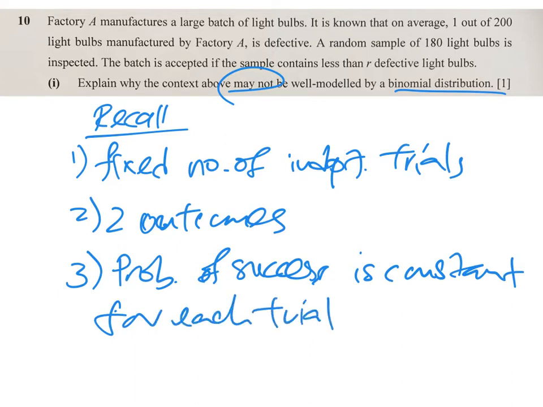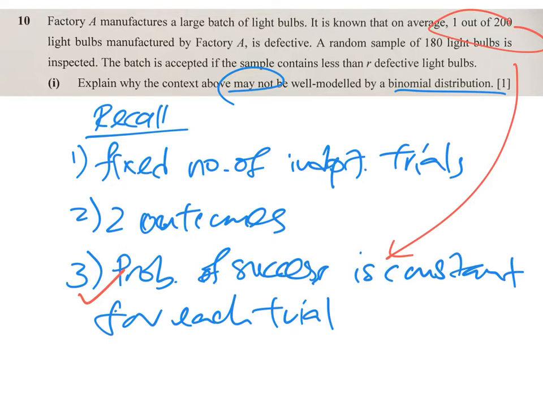Among this set of conditions, let us see which conditions are actually given by the question. Looking at the question, we are given the probability of success, in this case a light bulb being defective, as 1 out of 200. So the probability of success is in fact constant in this question. This is a given and not an assumption to be made.